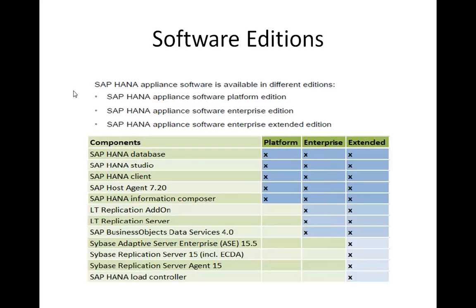Then you have the second set of customers who are SAP customers but who do not have the licensing with data services and LT replication. So as a part, the enterprise edition has the combination of the core HANA set plus the replication service. We'll look at that in detail.